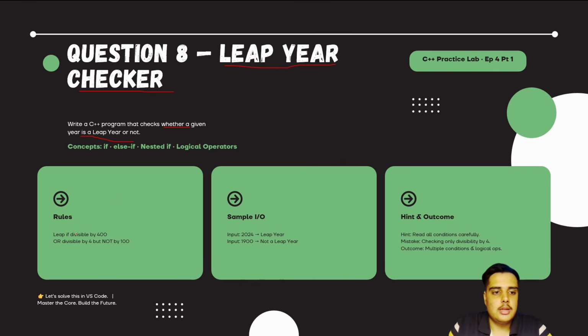Simple rules are: leap if divisible by 400 or divisible by 4 but not by 100. Simply, the year 2024 is a leap year because it is directly not divisible by 400. It is divisible by 4 but not by 100.